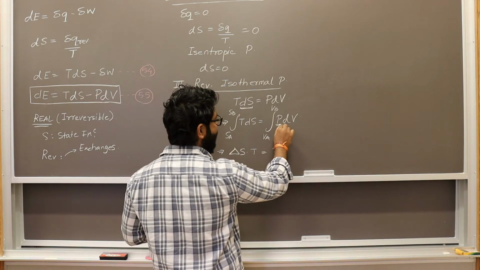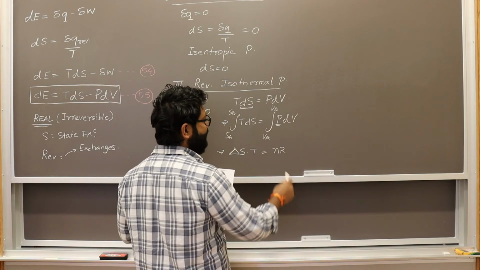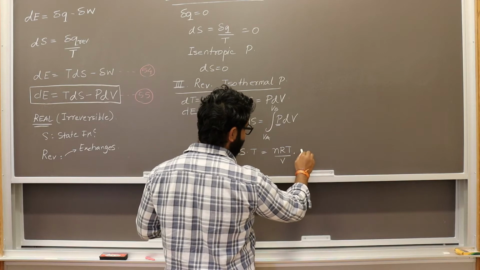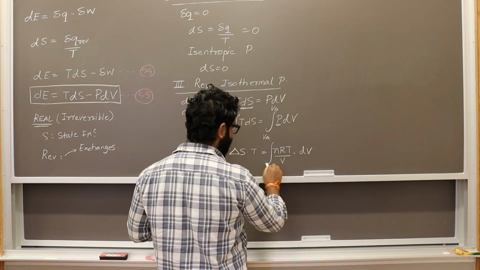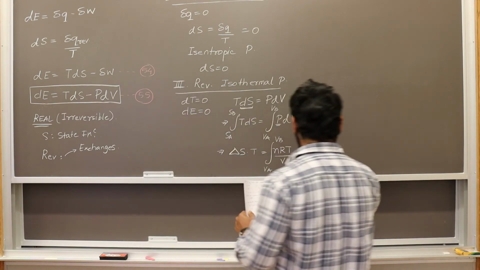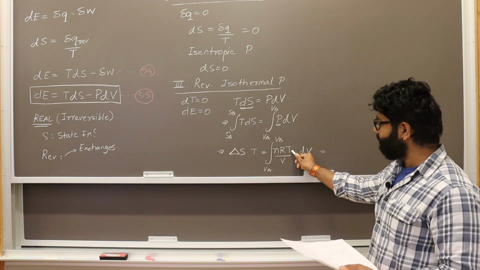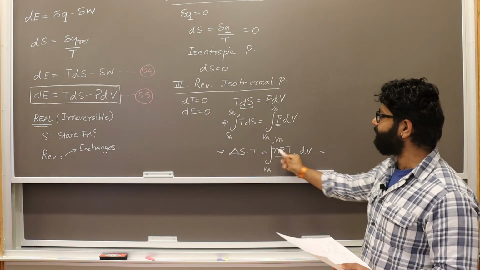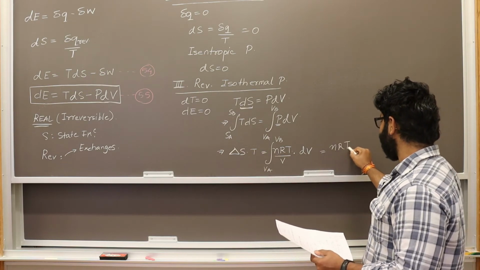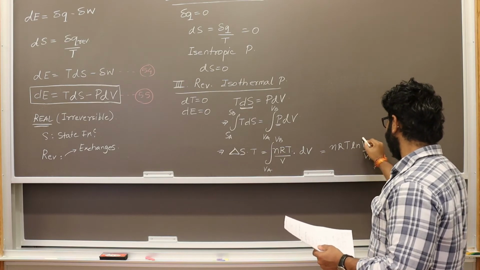So we want to write this whole thing in terms of volume. So what we'll do is nRT by V times dV will be integrated from VA to VB. Now, on the right-hand side, all these three being constants will come out, and this will again become nRT ln VB by VA.